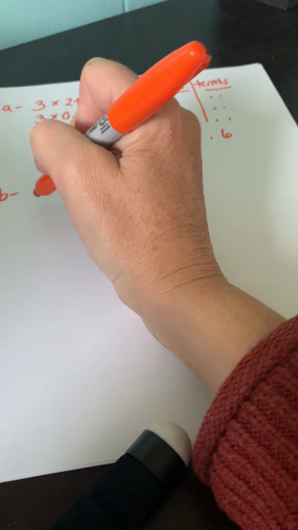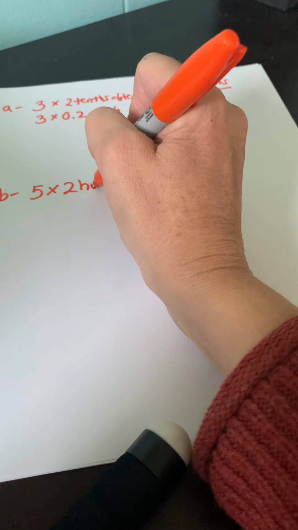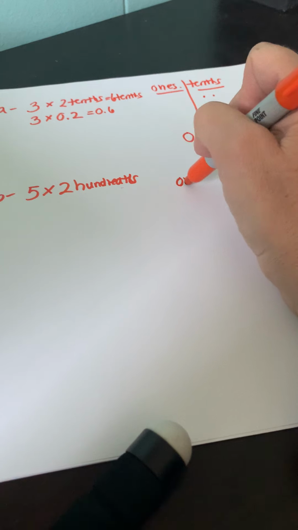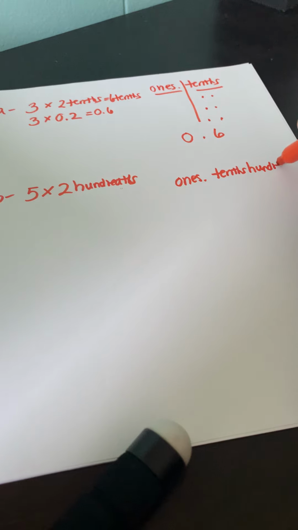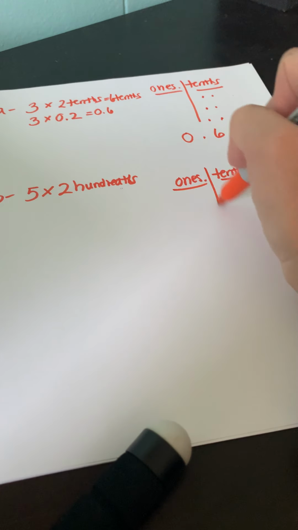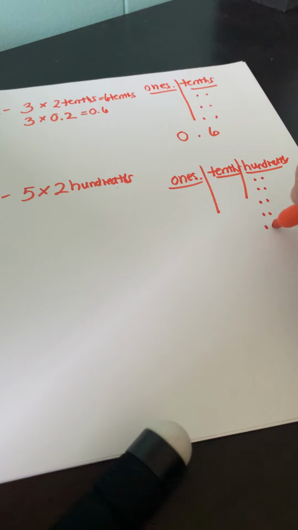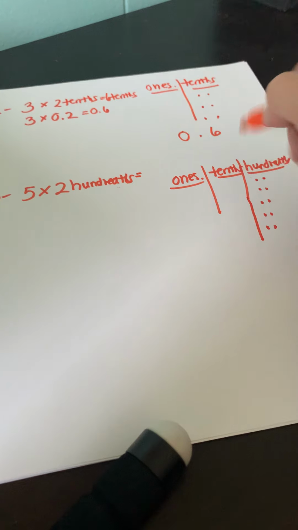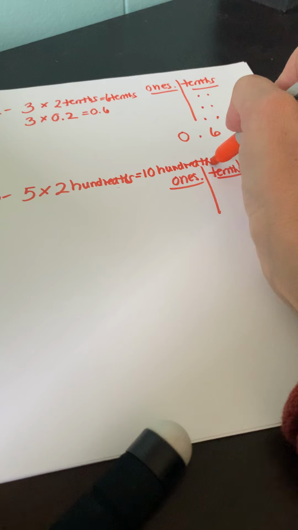1B says 5 groups, that's 5 times, 2 hundredths. 5 times 2 hundredths. This time your place value chart needs ones, tenths, hundredths. I have 5 groups of 2 hundredths. 1, 2, 3, 4, 5. 5 times 2 hundredths is 10 hundredths.